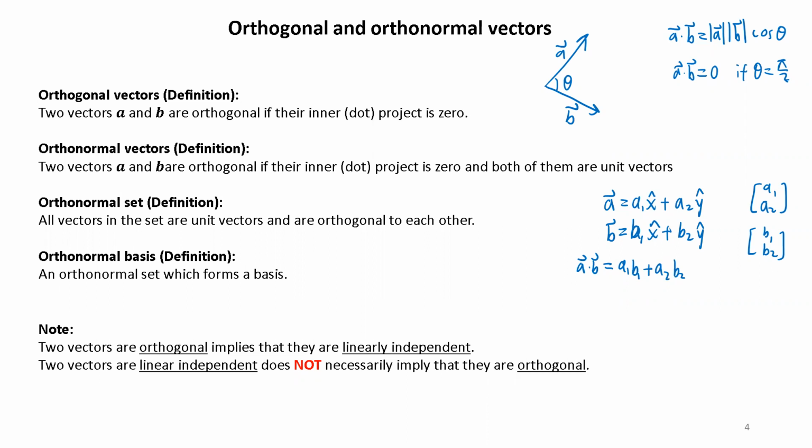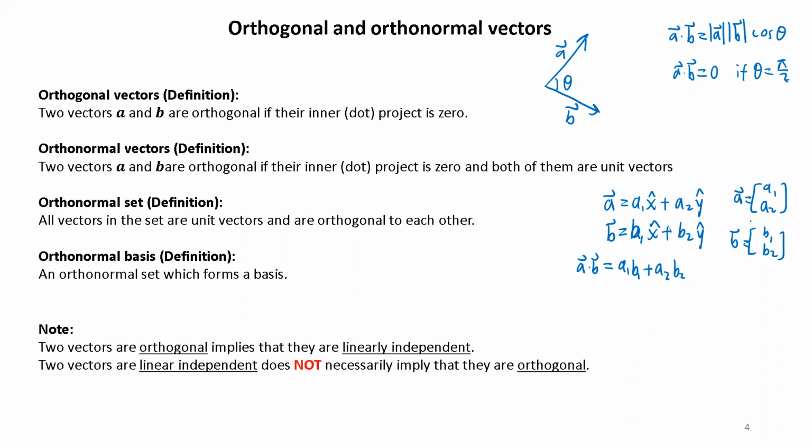And if I use this column vector notation for the vectors, you realize that taking the dot product is basically doing the following. Again, I have A and B as these column vectors, and you take the transpose of one of them. Let's say I take A transpose. What is A transpose?